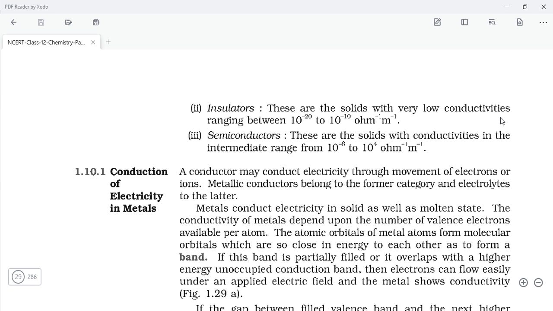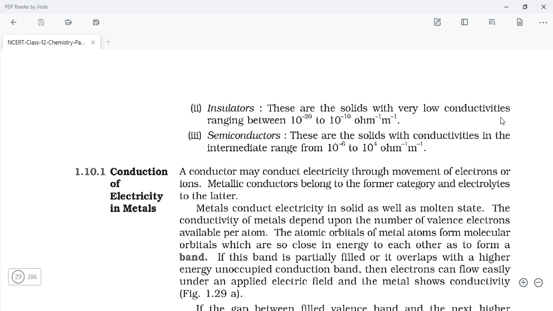Conduction of electricity in metals. A conductor may conduct electricity through movement of electrons or ions. Metallic conductors belong to the former category and electrolytes to the latter. Metals conduct electricity in solid as well as molten states.